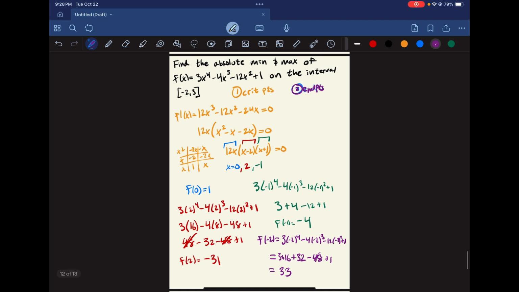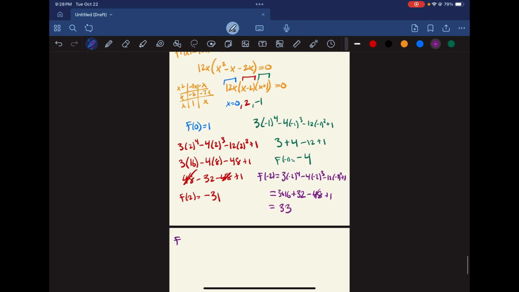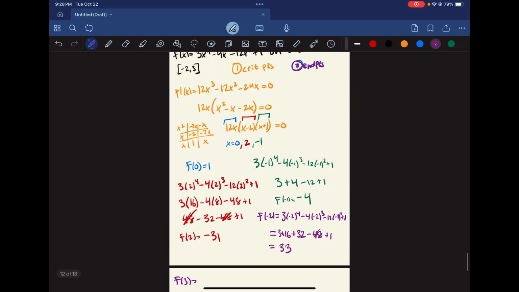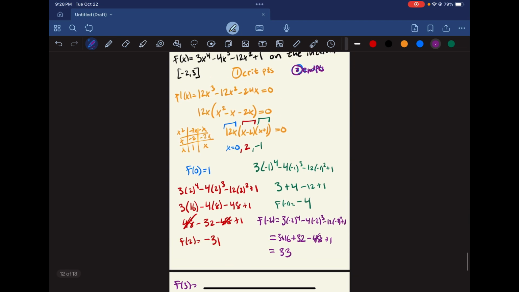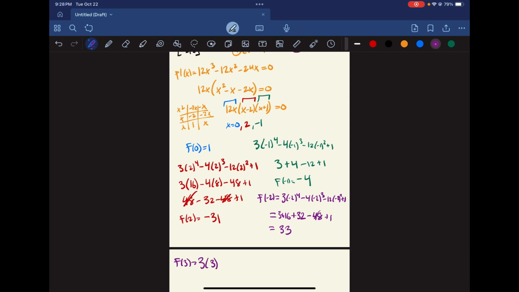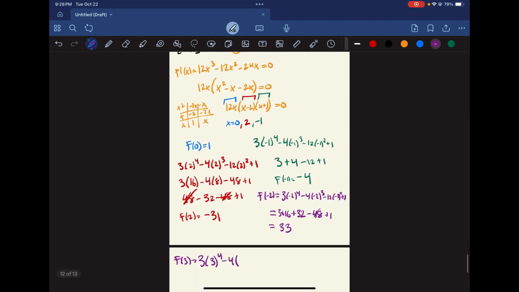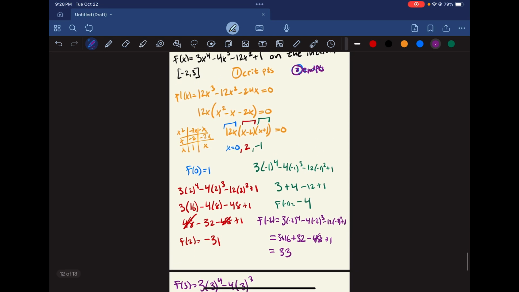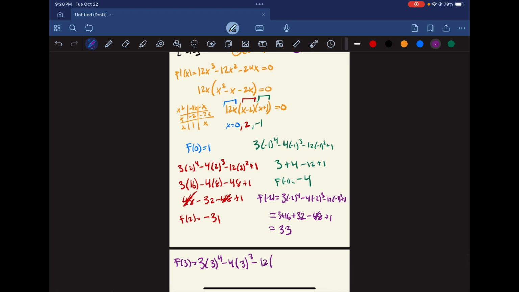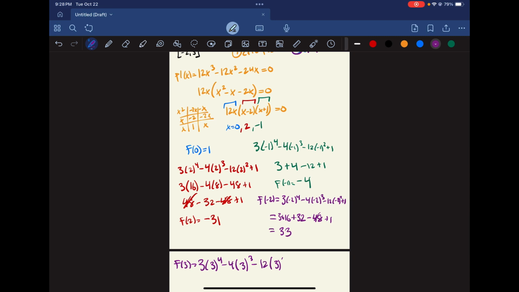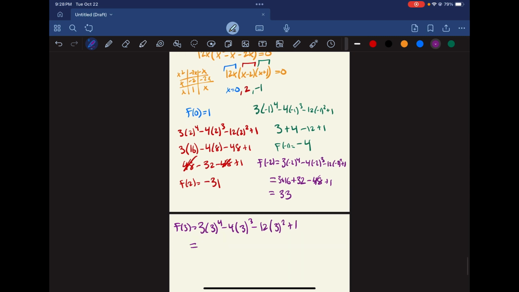And then for f of 3, we get 3 times 3 to the 4th power minus 4 times 3 to the 3rd power minus 12 times 3 to the 2nd power plus 1. So 3 to the 4th power would be 27 times 3, which is 81, times 3 is 243.